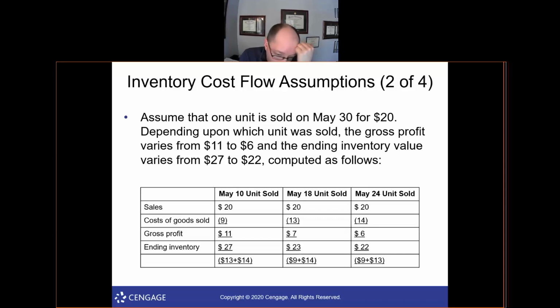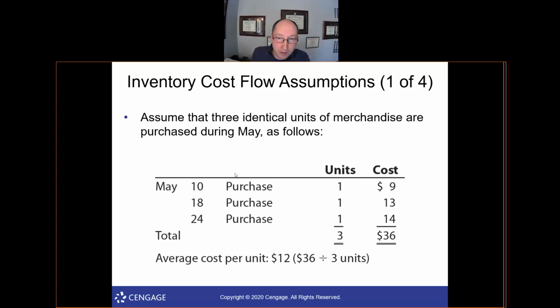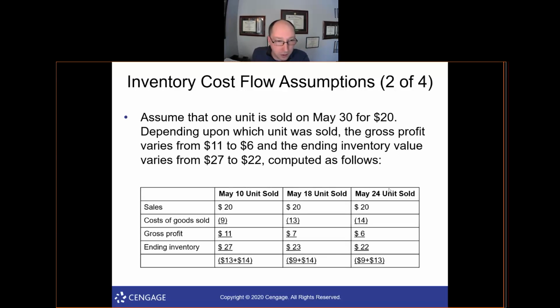Here's how it works. First in, first out is that first column that you see here, May 10th. Now remember, I bought that first coffee mug for $9 on May 10th. And I sold it for $20. It cost me $9.